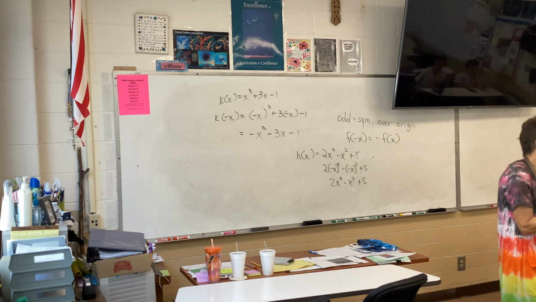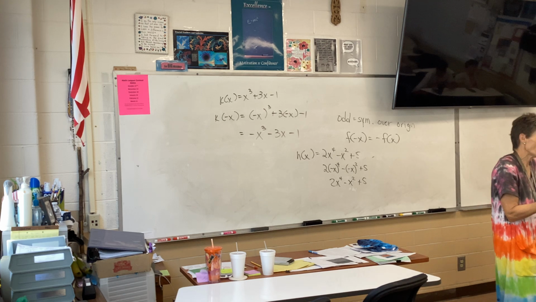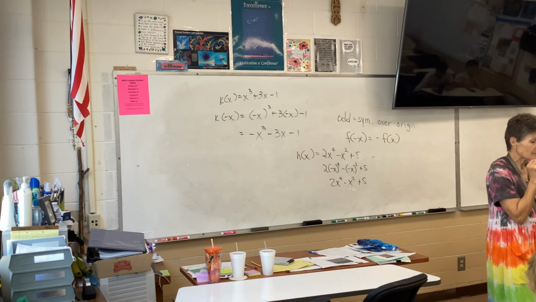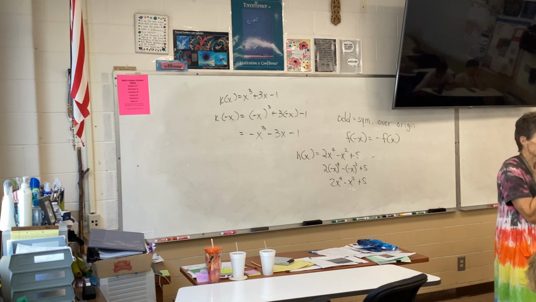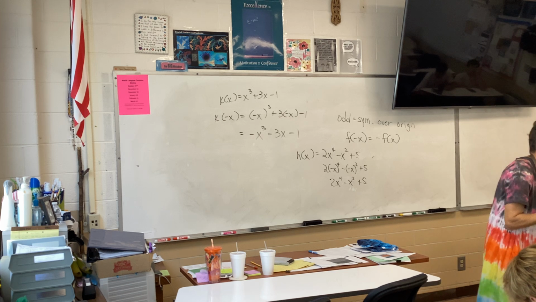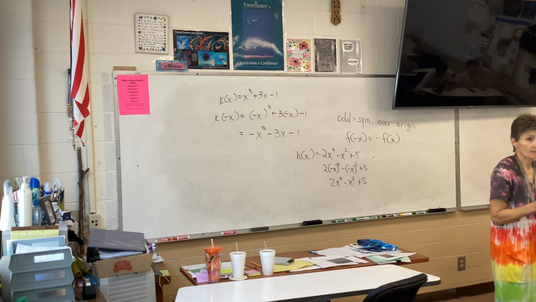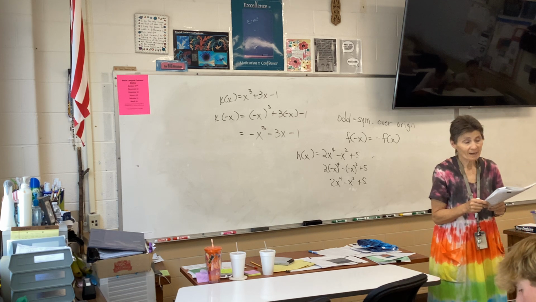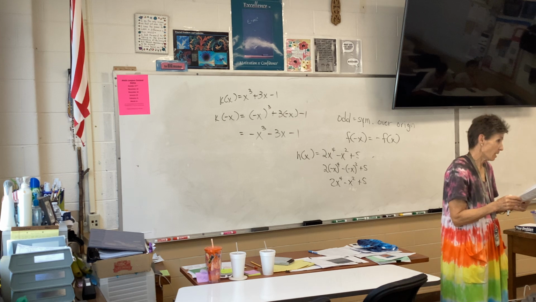Pictures are easier to tell, but if you need a way to test it, just pick a point. All right, what do you think about D? That's a neither. Does it have symmetry? Yes, about the line x equals 1, but that doesn't make it even or odd.